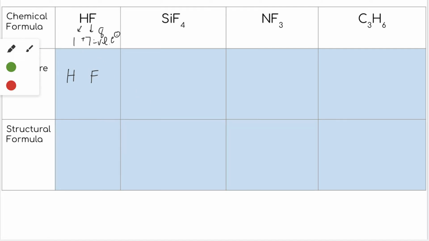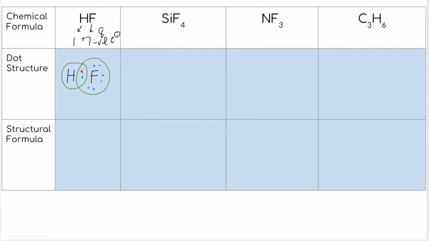Just so you can visualize it, hydrogen is going to have 1 valence electron to start, and then fluorine will have 7: 1, 2, 3, 4, 5, 6, 7. But if they share their electrons, hydrogen will become stable with a total of 2 valence electrons, and fluorine will also become stable with a total of 8 valence electrons, and that just depends on them sharing a pair of electrons.